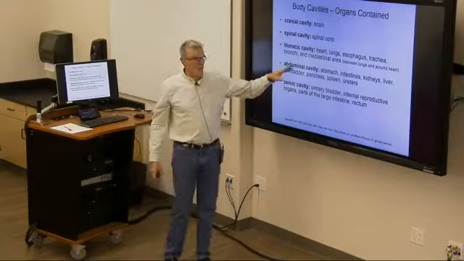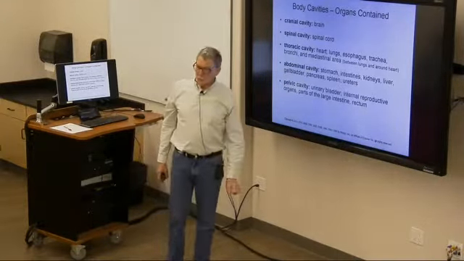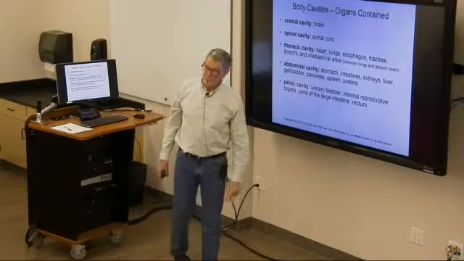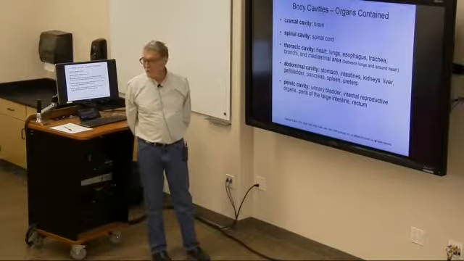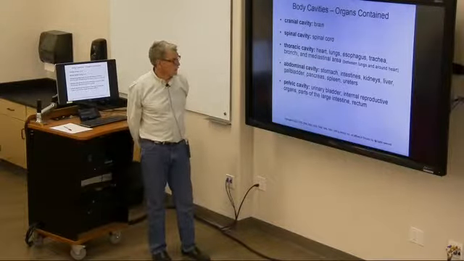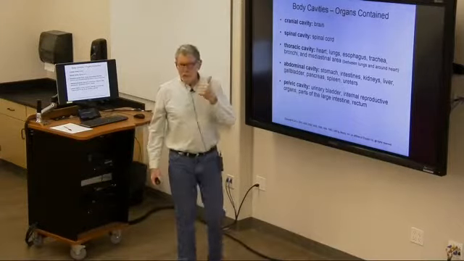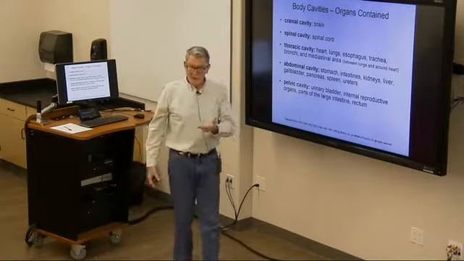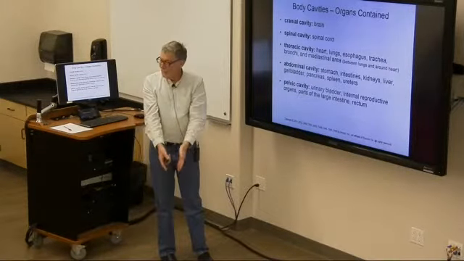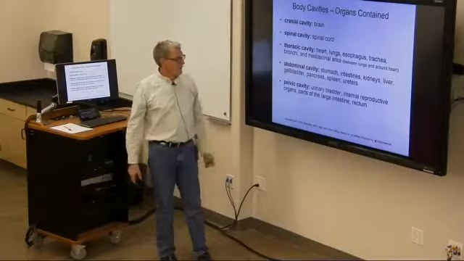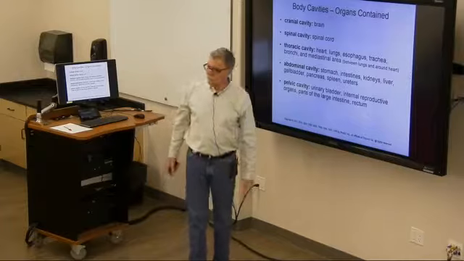Abdominal cavity, most of your viscera, stomach, spleen, pancreas, liver, kidneys, most of your intestines, large and small. Pelvic cavity, down really low, urination, defecation, reproduction. Just the end of the sigmoid colon and the rectum, the bladder, ovaries, if you're female.